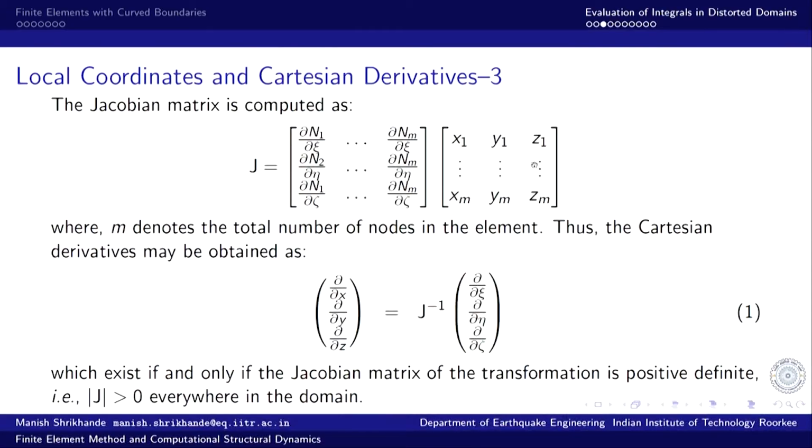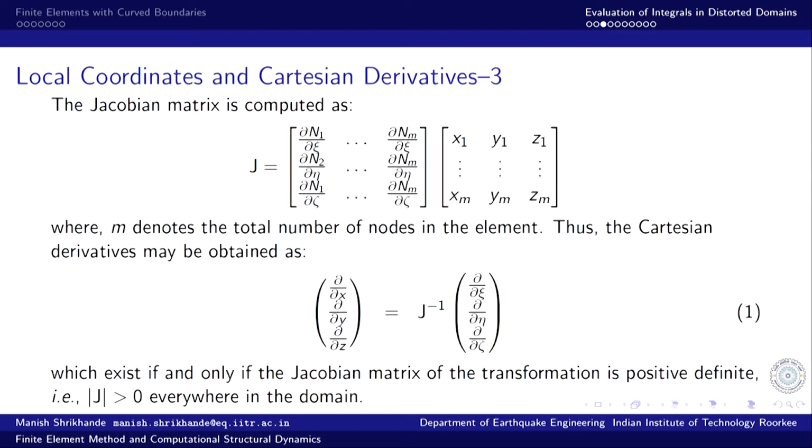Then the Jacobian matrix can be calculated as this summation of the derivative of the geometry approximation.